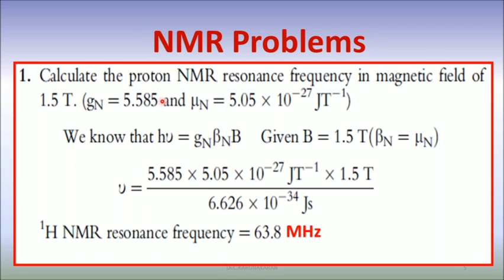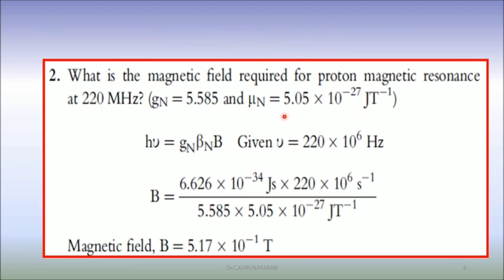You know the proton resonance frequency is h nu. According to the resonance condition, nu equal to gN beta N B by h, or mu N B. On substituting beta N, we'll get the proton NMR frequency as 63.8. In this problem, they have asked to calculate the magnetic field.